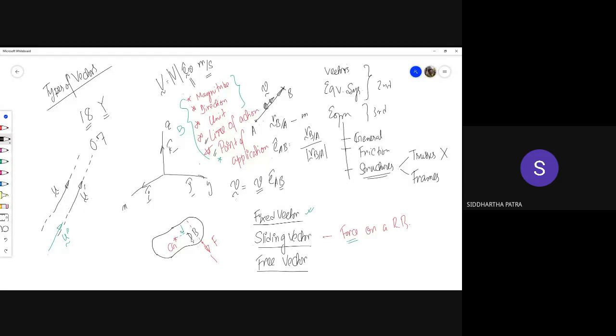If this body were a deformable body, then it's not just the line of action that matters, its exact point of application would matter as well. Try to understand. If I apply a force at the top surface, it would probably compress because of the applied force.